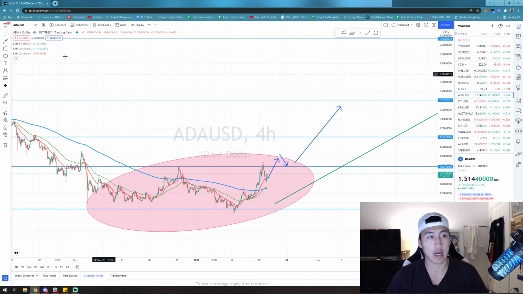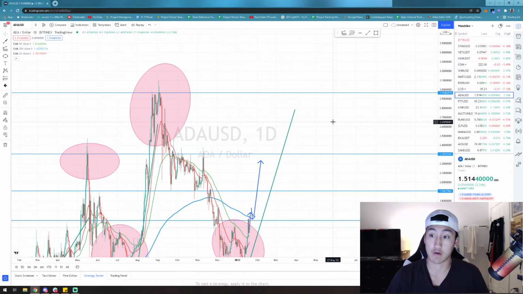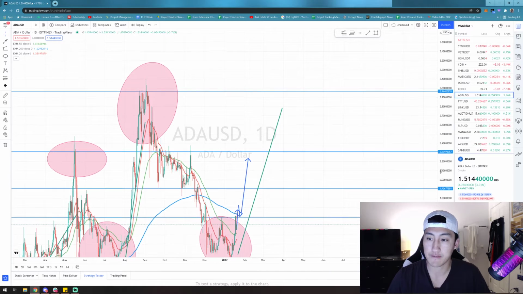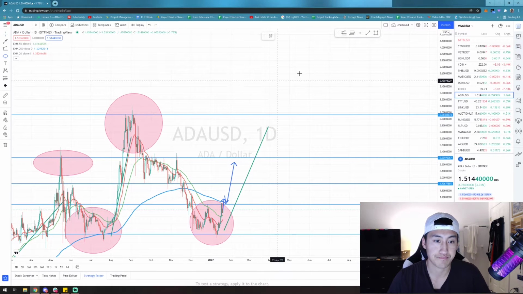And from there, obviously the next phase would be the distribution phase. But in order to make a distribution phase, it needs to make a new all-time high level. So it has to be higher than, we'll say, $3.